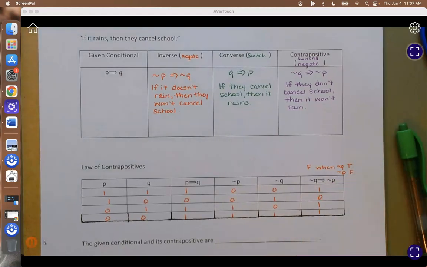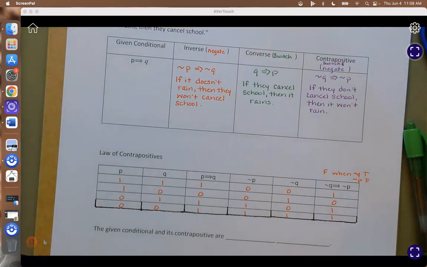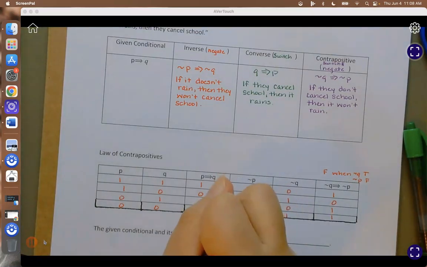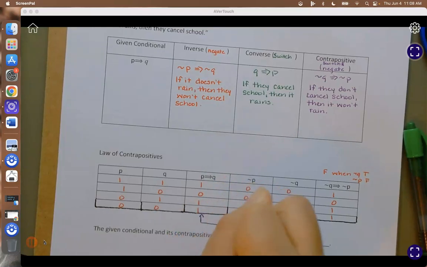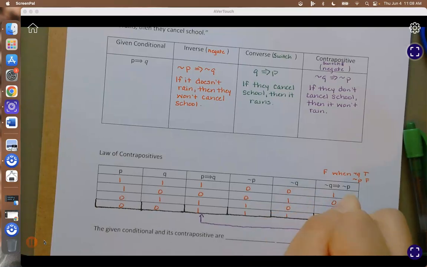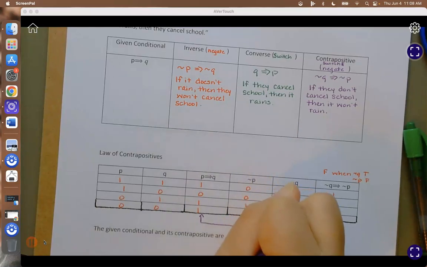So, if you look at the law of contrapositives, what we were trying to prove here is to show that the conditional and the contrapositive will have the same value.